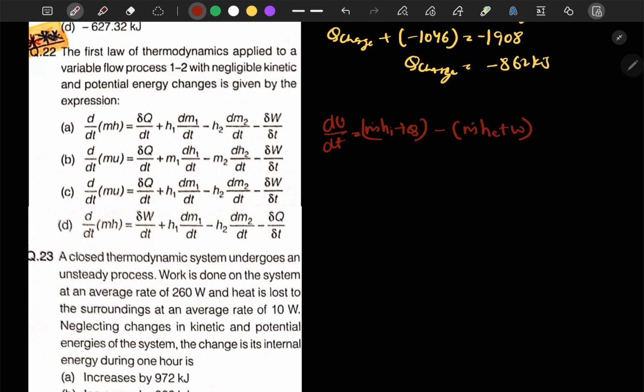Sorry, this shouldn't be like this, it should be dm by dt. So this option should be the correct one here, because there is a rate of mass flow, a rate of heat, and a rate of work. Okay, option C is correct.